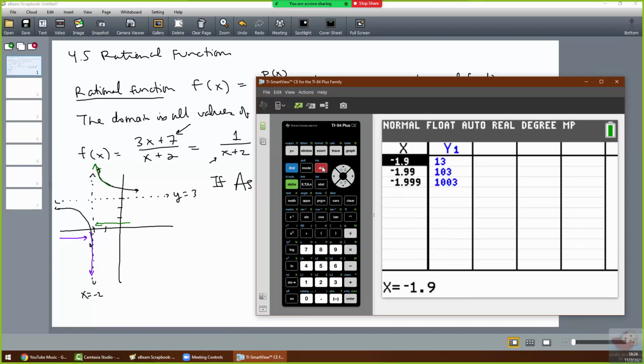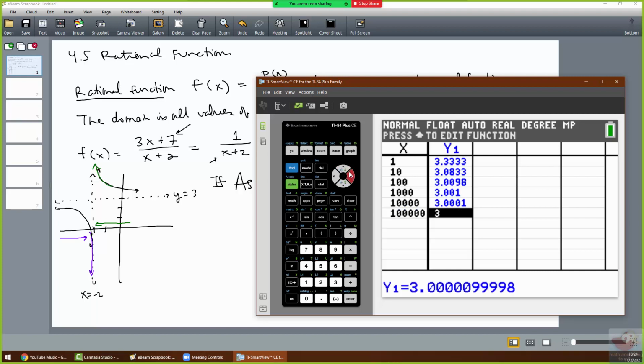Let's talk about a horizontal asymptote. So I'm going to put in numbers for x. The numbers I put in for x are going to get bigger and bigger. So now x is technically shooting off towards infinity. What's happening to these y values? Is it approaching a number or is it shooting off towards infinity?